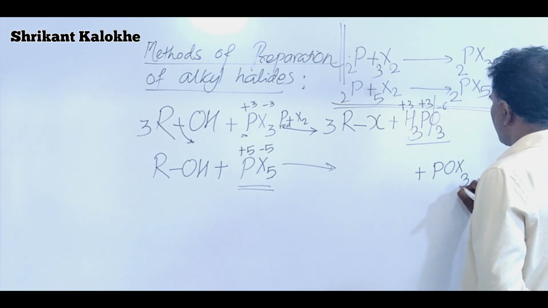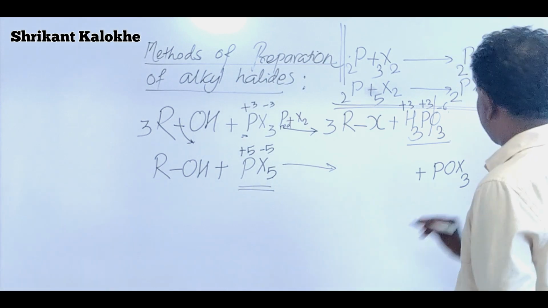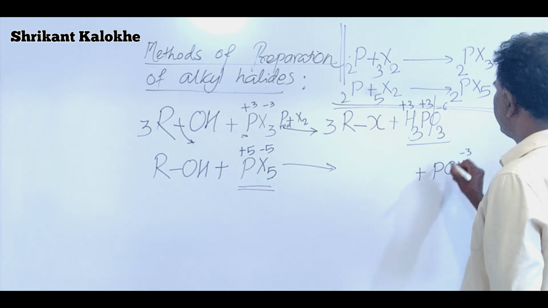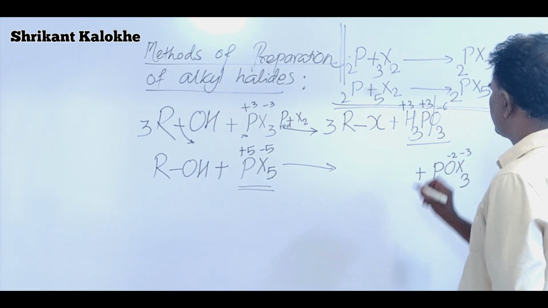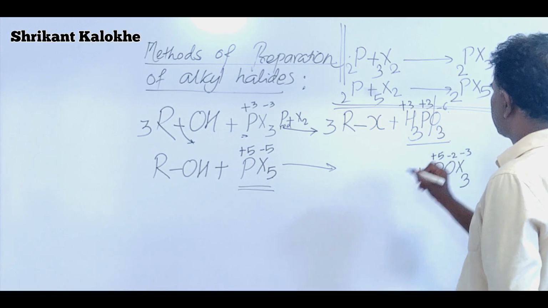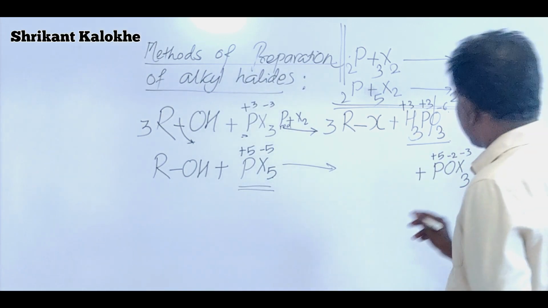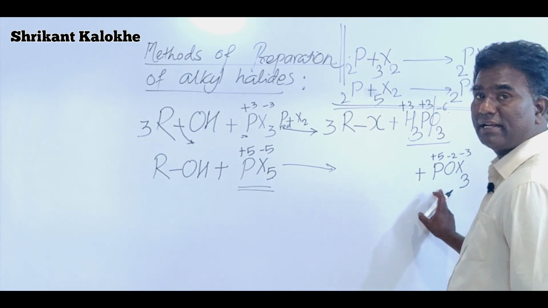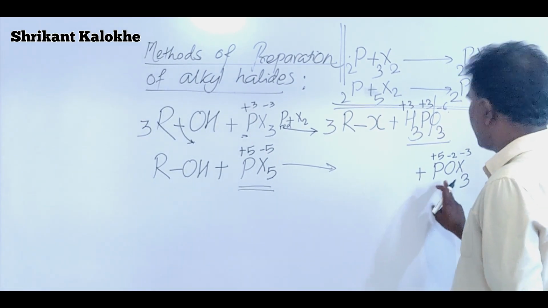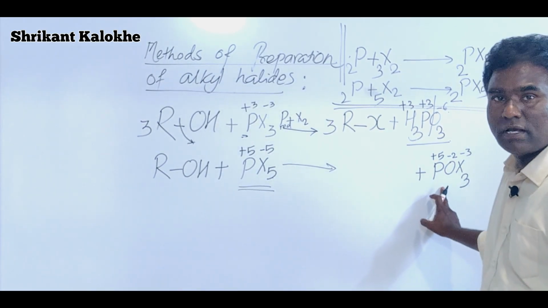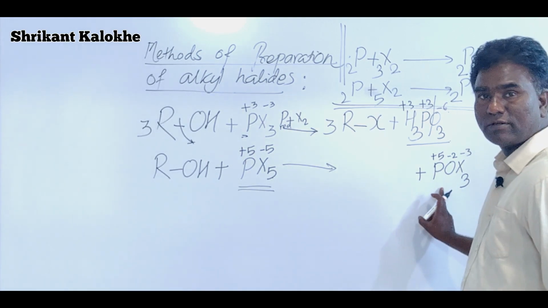Its formula is POX3. Here 3 halogens are -3 and 1 oxygen is -2, therefore phosphorus is carrying the +5 oxidation state. Here the pentavalency of this phosphorus has been maintained, and the side product, phosphoryl halide, has been obtained.